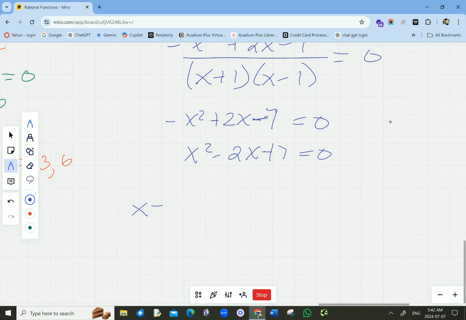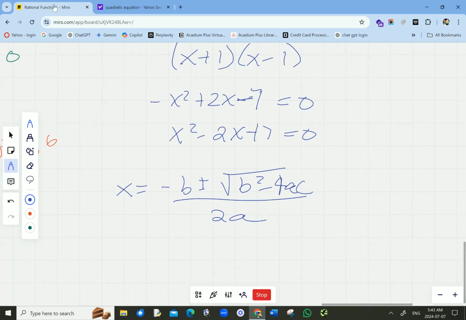So remember that. x equals negative b plus or minus the square root of b squared minus 4ac, over 2a.